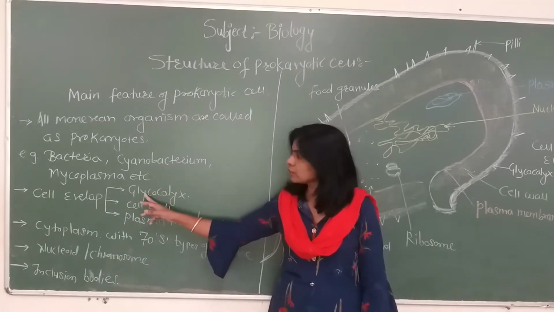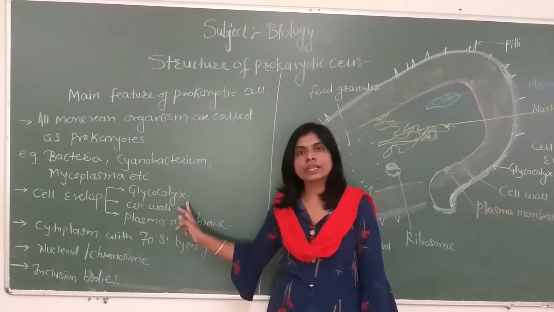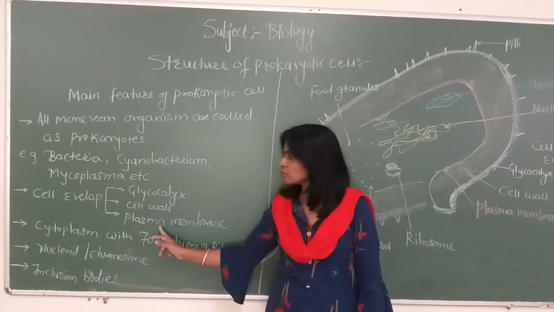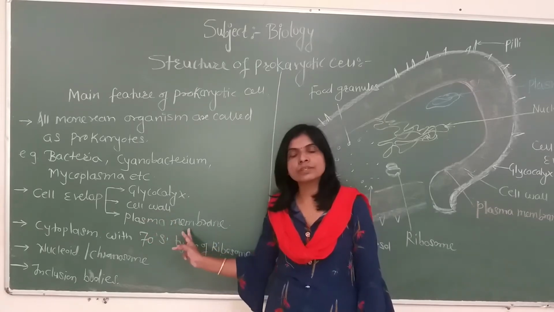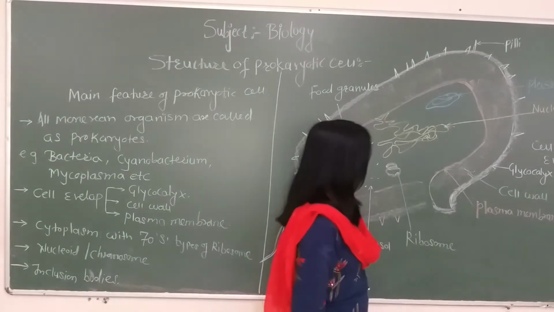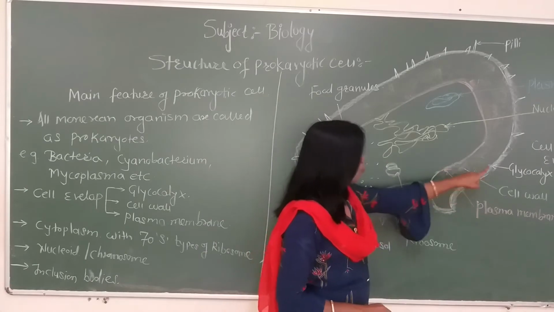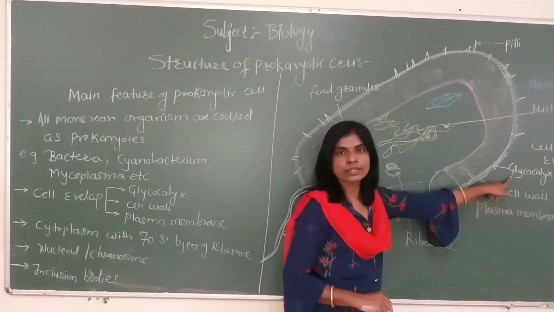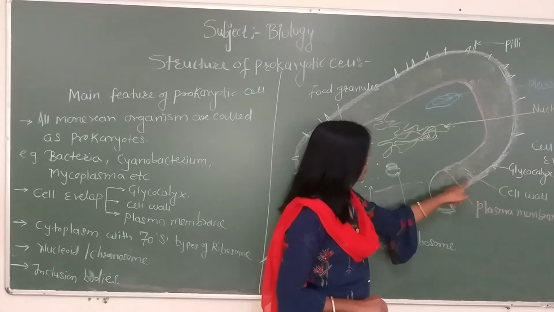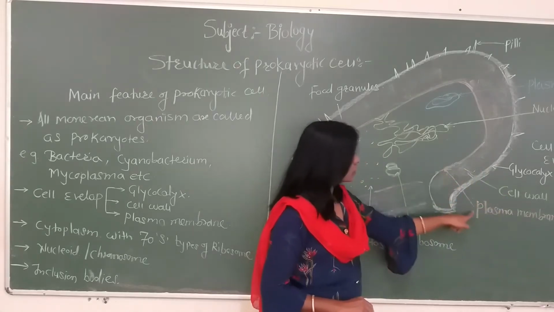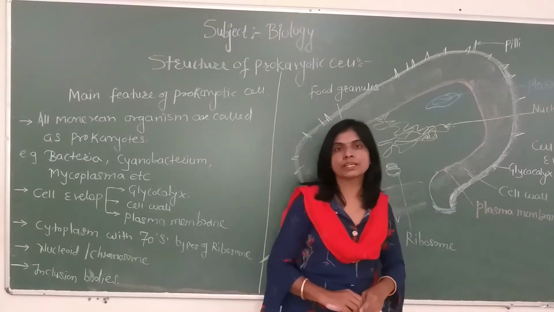The outer layer of the cell envelope is called glycocalyx. The middle layer is called the cell wall, and the innermost layer is called the plasma membrane. So, as per the given figure, the outermost layer is glycocalyx, the middle layer is the cell wall, and the innermost layer of the prokaryotic cell is called the cell membrane or plasma membrane.